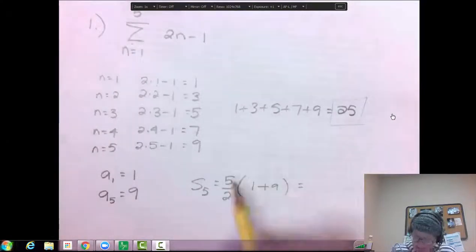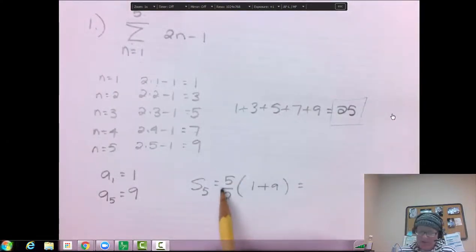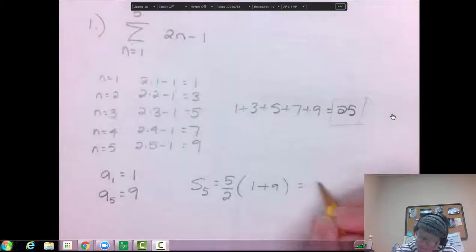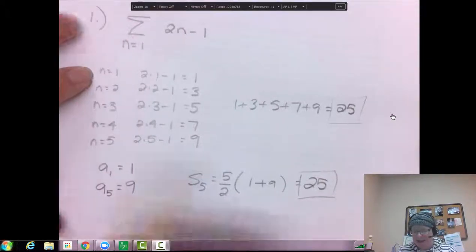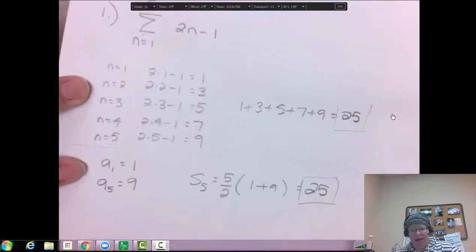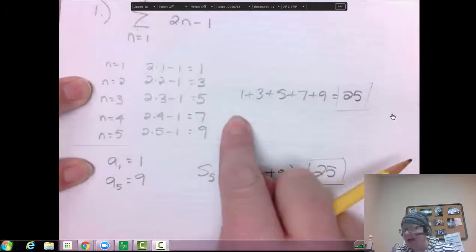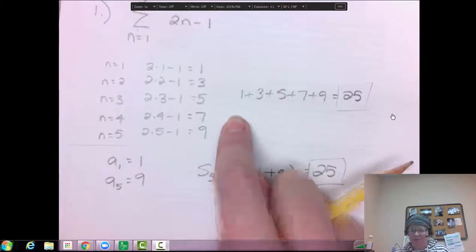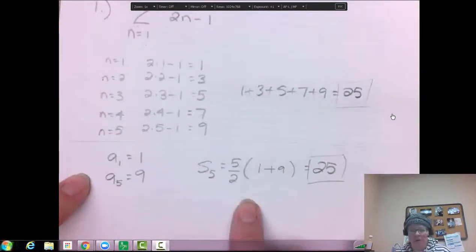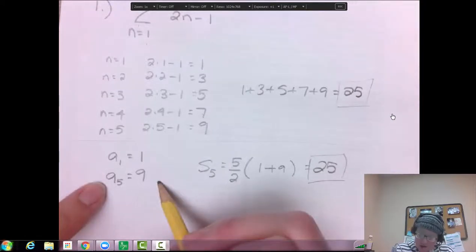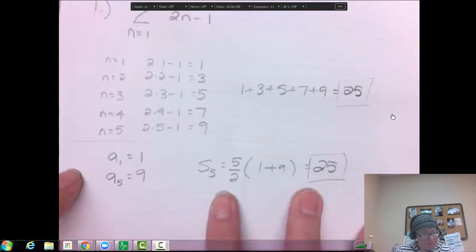And 5 divided by 2 is 2.5. 2.5 times 10 is 25. So I get the same answer this way or this way, right? But this way is not reliable. I cannot add them up all the time. So this is what we would look for. First term, last term, use them in the formula.